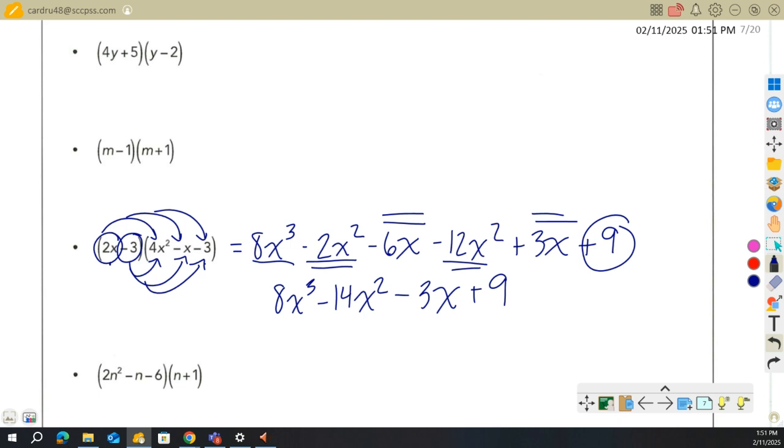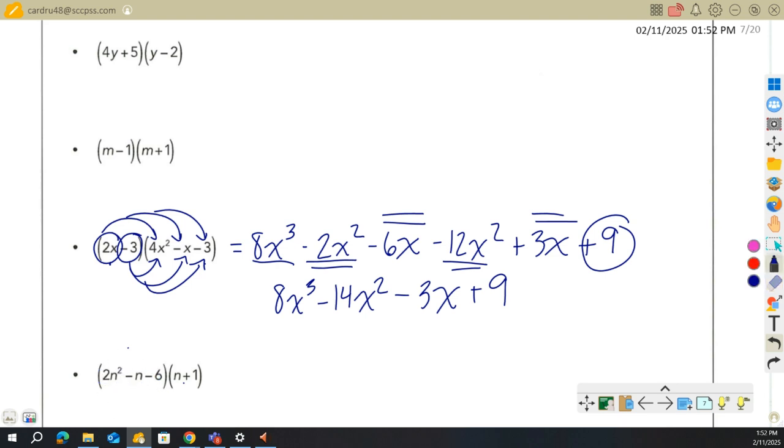Okay, go ahead and try this next one. You can think of it as distributing each of these terms to each of these two terms, right? Or you can think of it the opposite way, because that kind of looks like a mess.